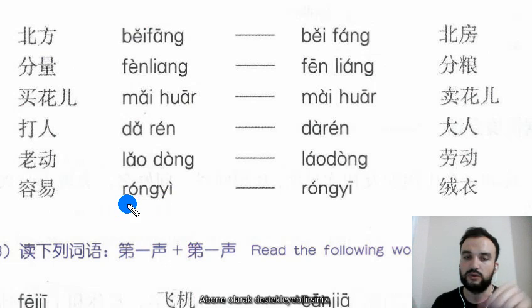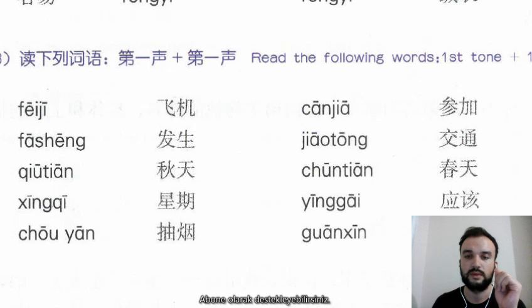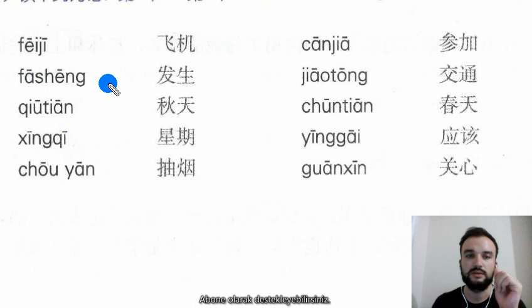Second tone and fourth tone. Wrong yi, wrong yi, wrong yi. And second tone and first tone. Wrong yi, wrong yi. Okay. The last part.